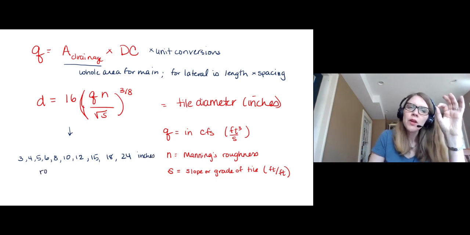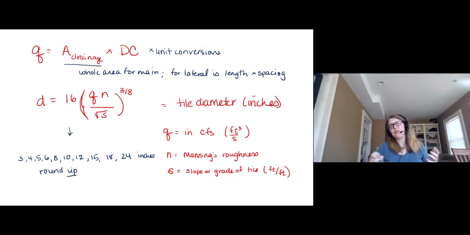And so typically we're going to want to round up, unless we're super, super close. So if we ended up with a required tile diameter of 4.4, we're probably going to select a 5-inch diameter.